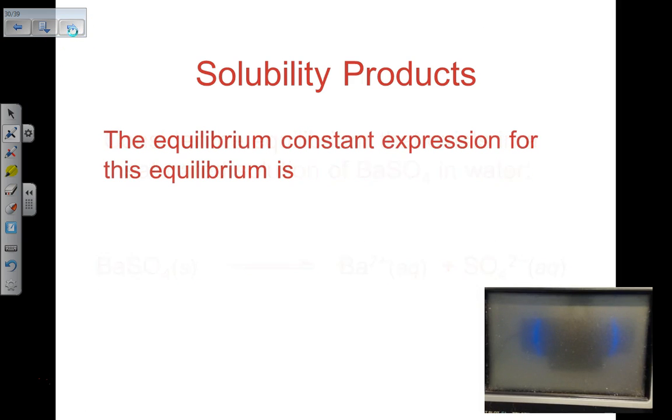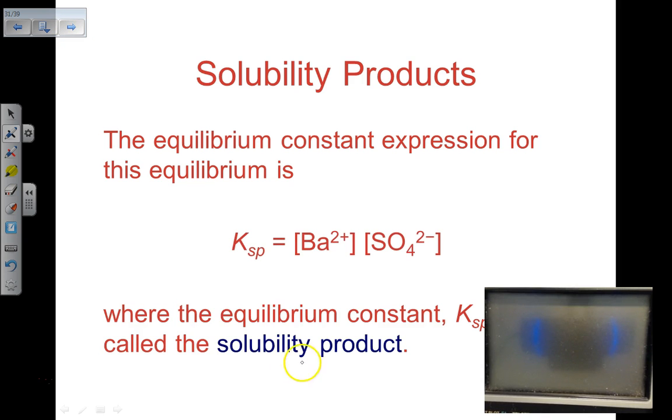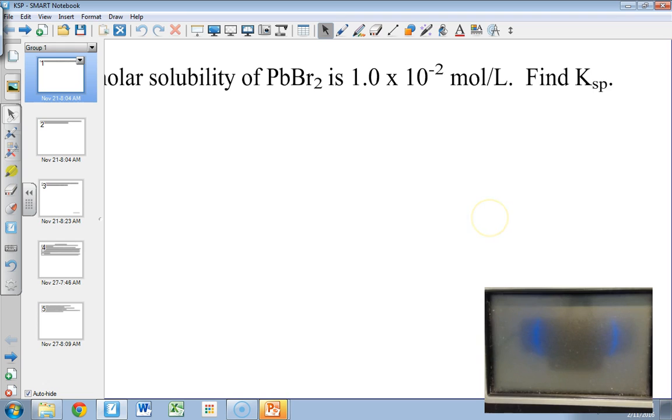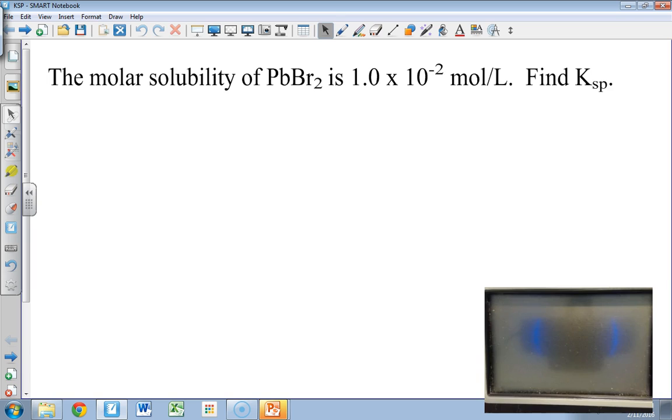So there's the equilibrium constant expression, and that K is called the solubility product. So I think it's important for us to go through a problem. So let me call up a problem and we'll go at it here. So I called up some sample problems. Let's work through some of these because I think this will help us with the math of Ksp.